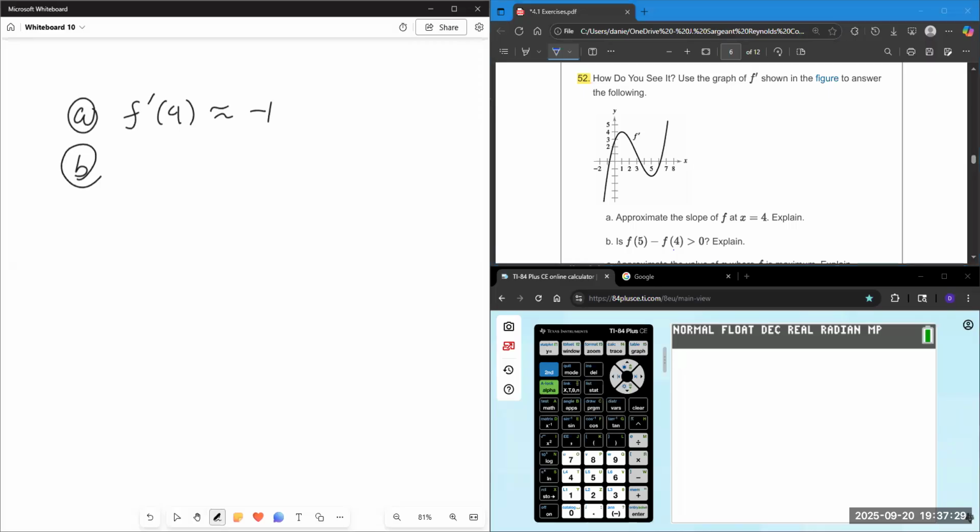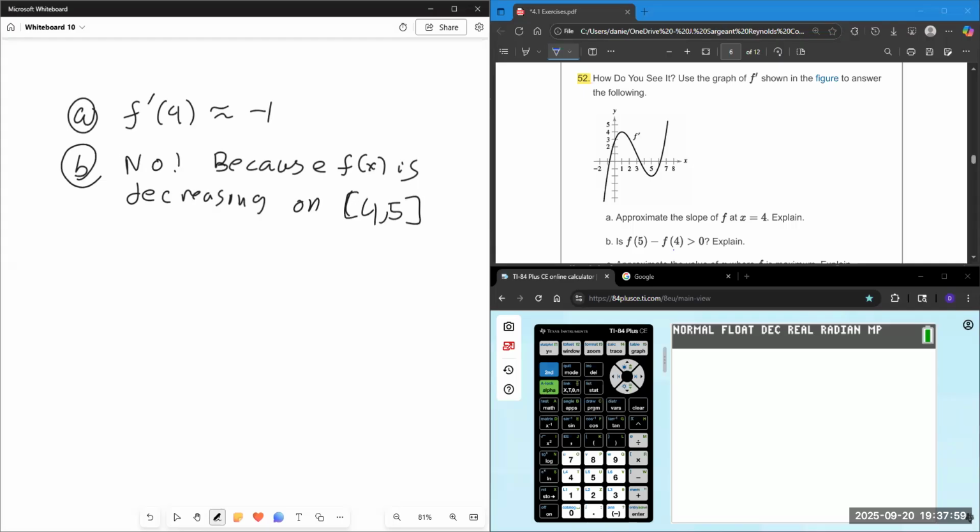So no, it's not possible for y2 minus y1 to be a positive number there, because f of x is decreasing on the interval of 4 to 5, meaning f prime of x is less than 0 on that entire interval. F of 5 minus f of 4 must be negative.